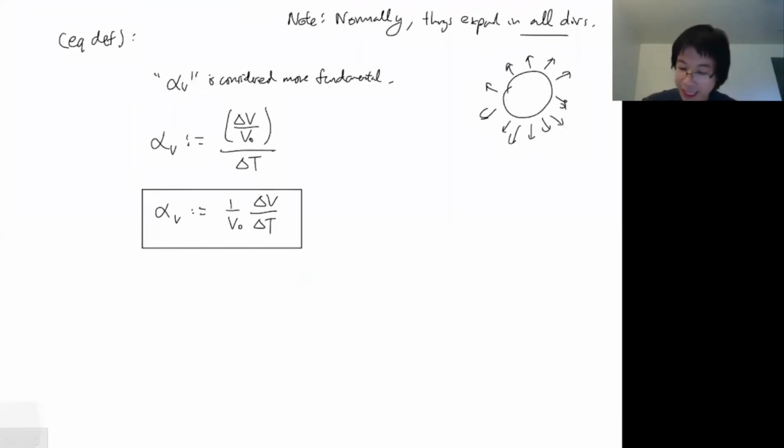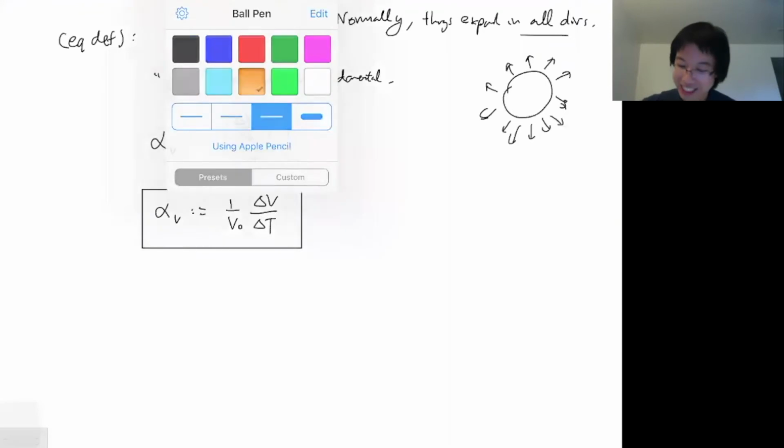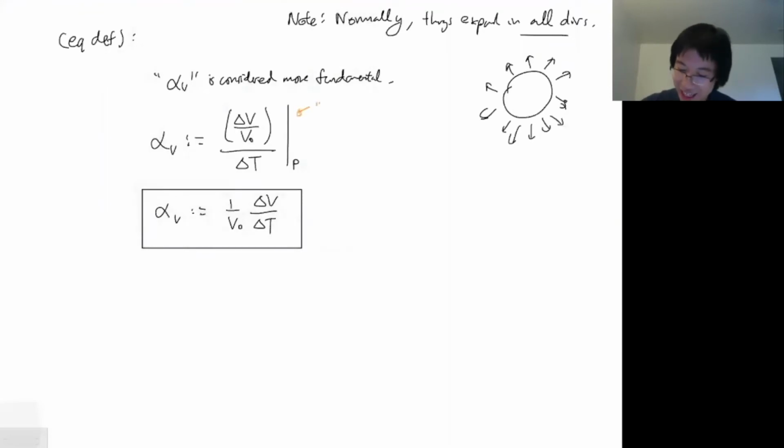There's one more subtlety: this has to be performed at constant pressure. If we need to emphasize that, I'll introduce a math symbol. Mathematicians are very brilliant at being lazy, so they invent a straight line, and whenever you see a straight line, it means at, or evaluated at. So it's calculating the fractional change in volume per unit temperature change evaluated at constant pressure.